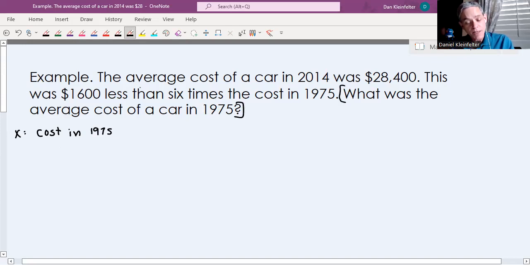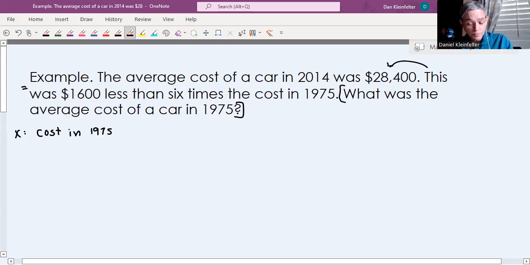Then the first part says the average cost of a car in 2014 was $28,400. And that 28,400 was, that's past tense of is, so that's where our equal sign is going to go. $1,600 less than 6 times the cost in 1975.